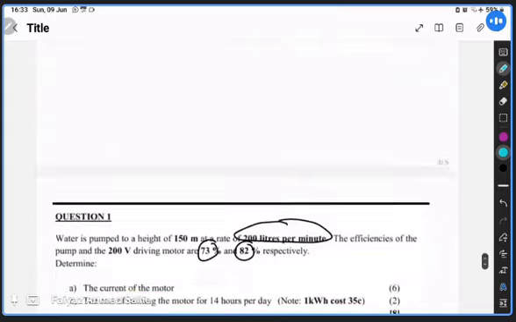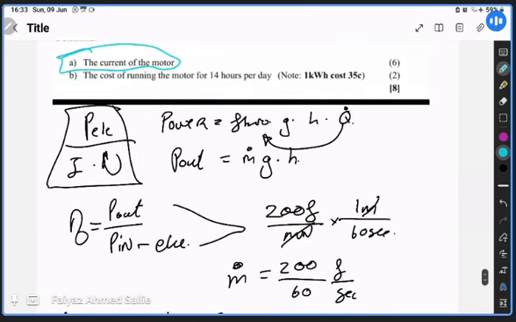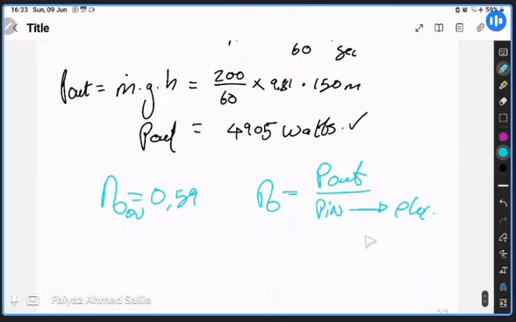So let's go back to the question, and let's not forget the power. They're asking for the current of the motor. To get the current, we need to find the electrical power. Our electrical power, which is the power in, is equal to power out over the overall efficiency.